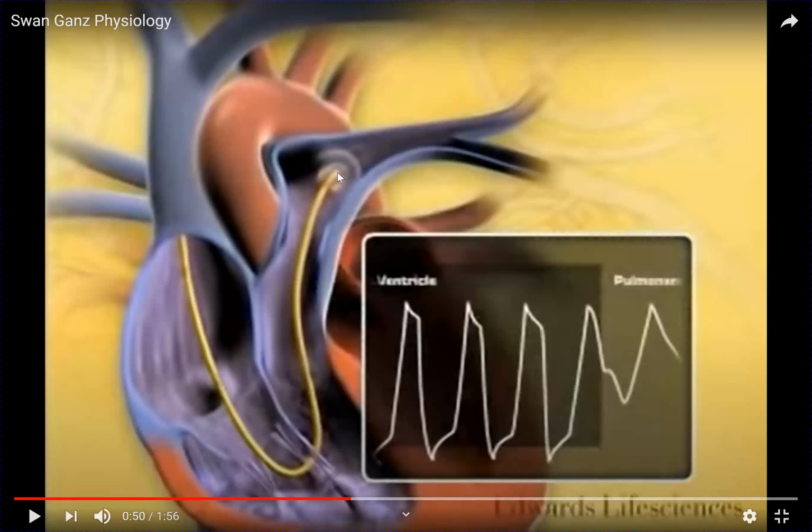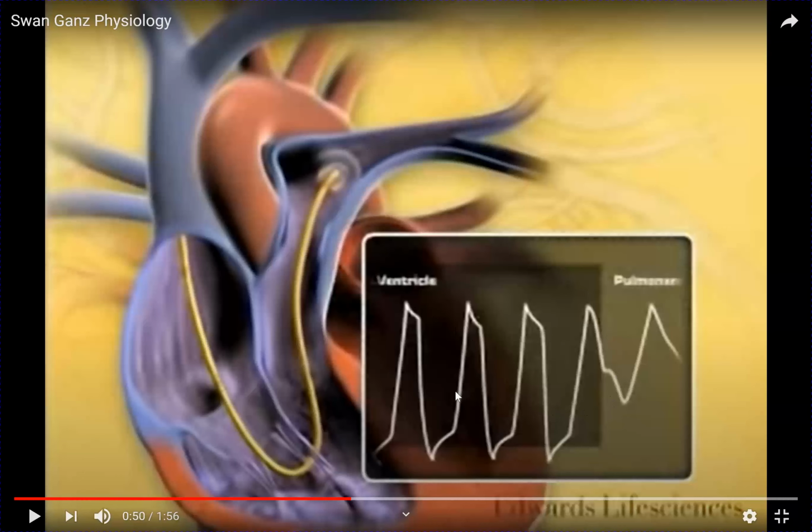This one is on the pulmonary artery. Although it is not in the left atrium nor in the left ventricle, because it's impossible to put it there, as long as this is in the pulmonary artery, it is measuring indirect pressure of the left side.